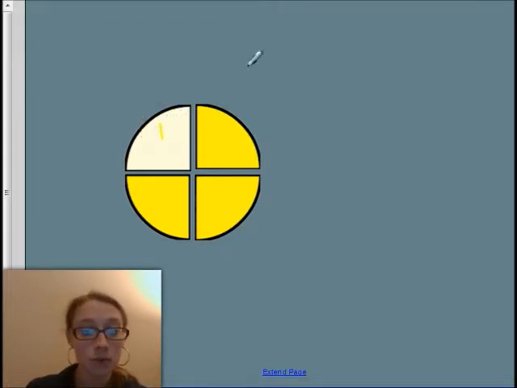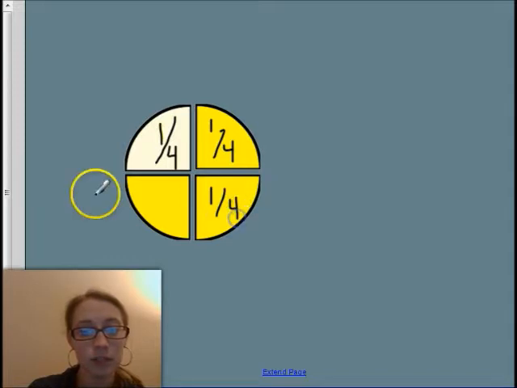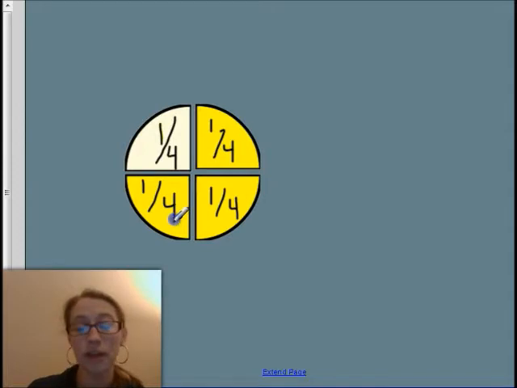So this is 1/4. This is 1/4. This is 1/4. And this is 1/4. Remember, our unit fraction was 1/4 because each piece is 1/4.